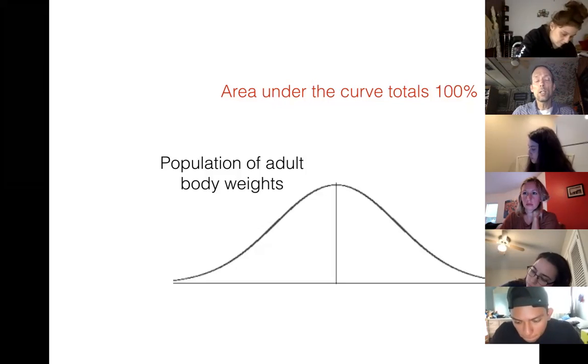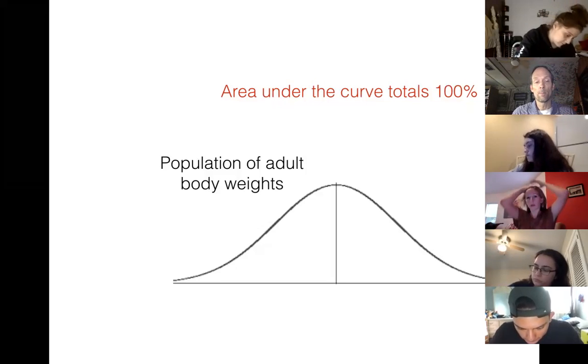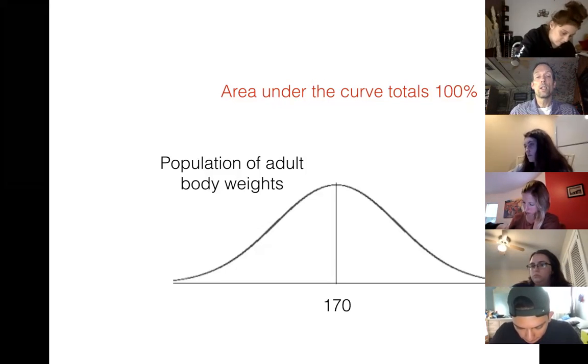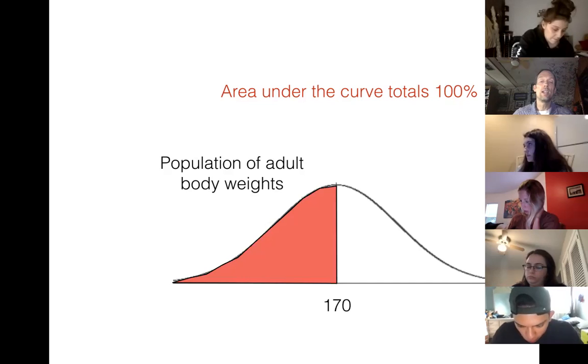And the way we're going to start is we're going to use the population of American adults here. And just to get a number into place, we're going to propose that the average American adult weighs 170 pounds. And we're going to shade all the area that's on the left side of our curve center right there.